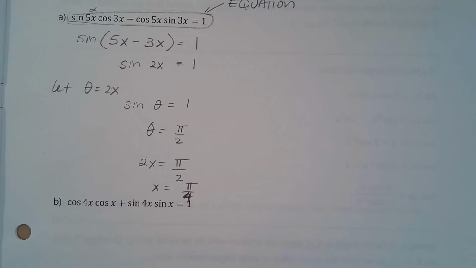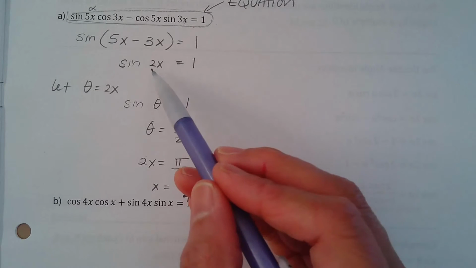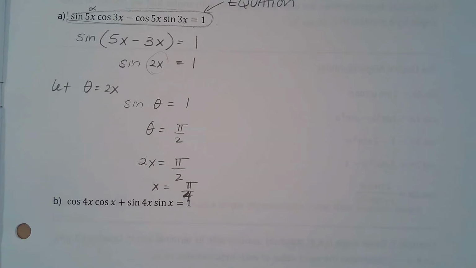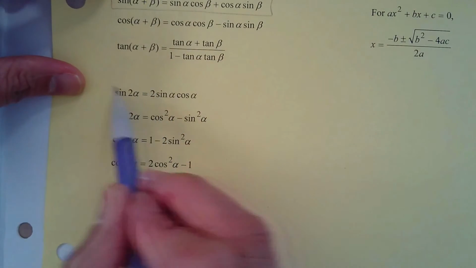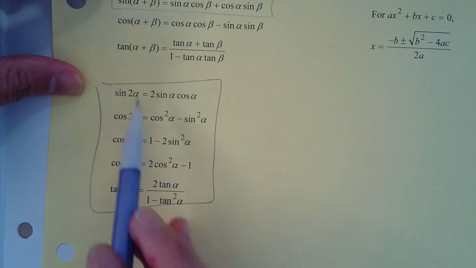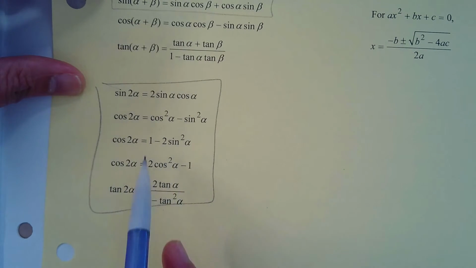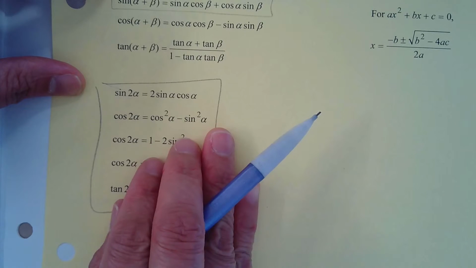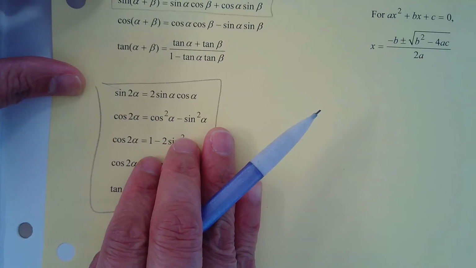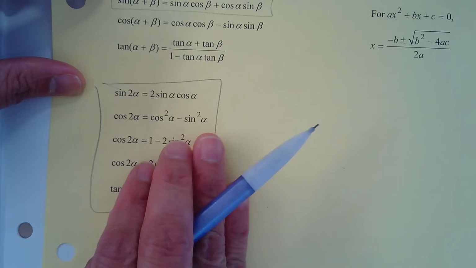Okay, now we're getting into the double angle in here. We haven't really talked about the double angle identities yet, right? This is our double angle identities, but because we haven't talked about that yet, we had a different strategy on how to figure this out, right?